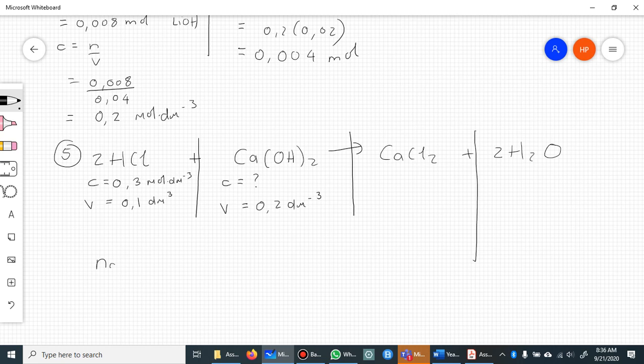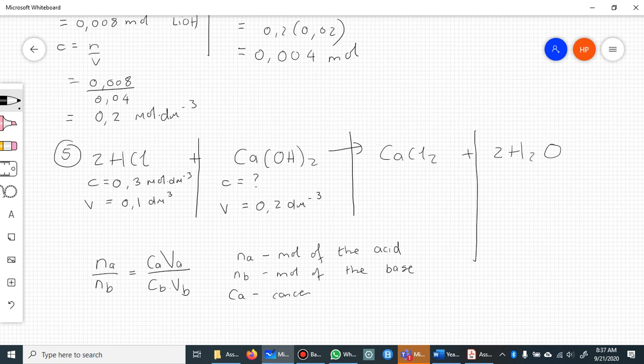So it's Na over Nb is equal to Ca Va over Cb Vb. And let's just write down what everything stands for. Okay, so what do you think Na is? Mole of the acid. This is the mole of the base. This is the concentration of the acid.